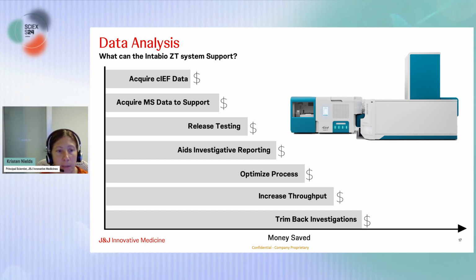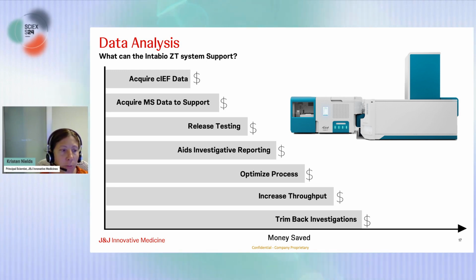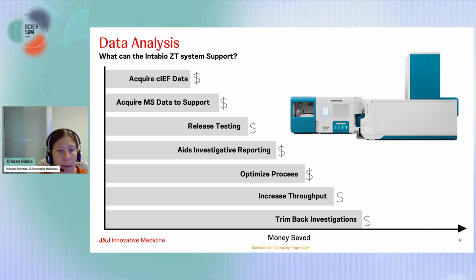It can optimize the way we are processing things downstream from us, so it can help with process lockdown in clinical campaigns. It can aid in their development. We can definitely increase throughput by trimming back those investigations and looking to root cause analysis quicker, and getting batches out sooner.